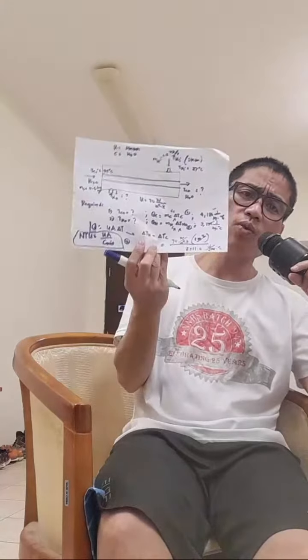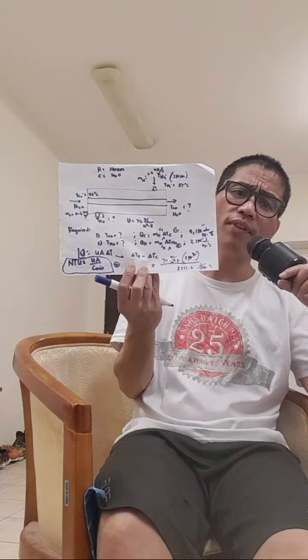So convert 25 degrees Celsius to Kelvin and then put that in your equation so that it will cancel the K in the denominator of your overall heat coefficient. You get the point? So that you can cancel.